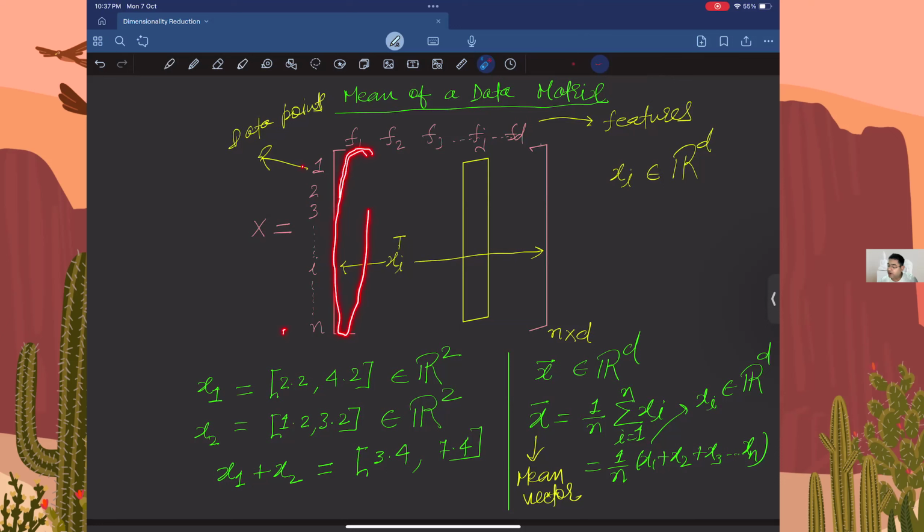All the components of this, I am doing the sum first. Then I am doing this sum, then this sum, then this sum. I do the component-wise sum of each one of the vectors, and then finally I calculate the mean. Fine. So I suppose you have understood this.